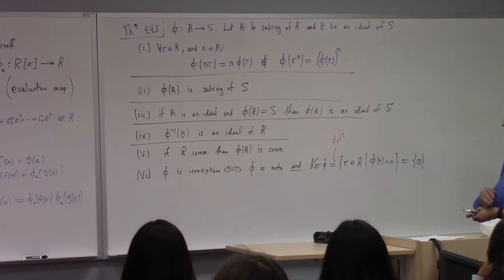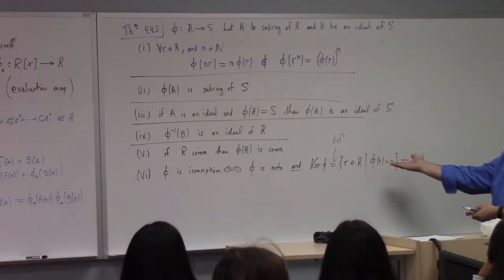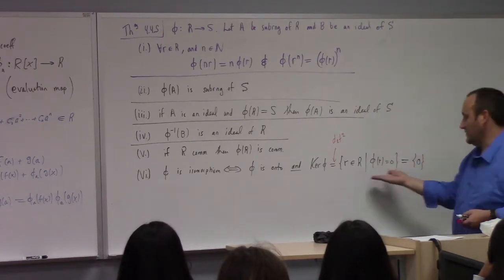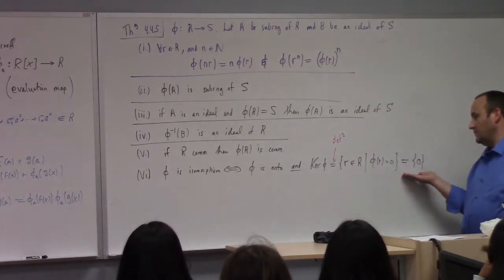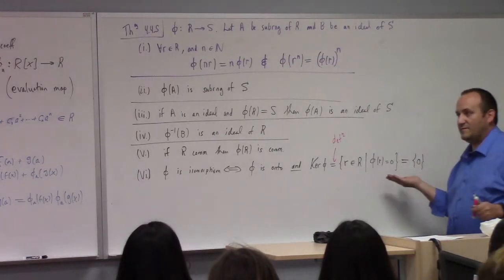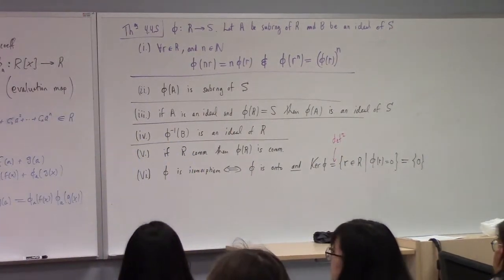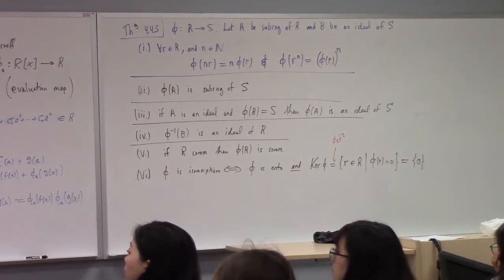For example, we know that if the kernel of a group homomorphism is the identity, that means the group homomorphism is 1-to-1. So this is just a simple way of saying phi, which is, by the way, also a group homomorphism. What makes phi a group homomorphism?